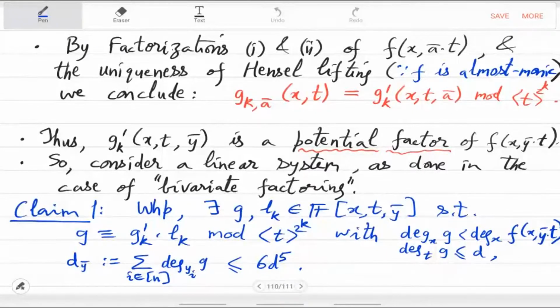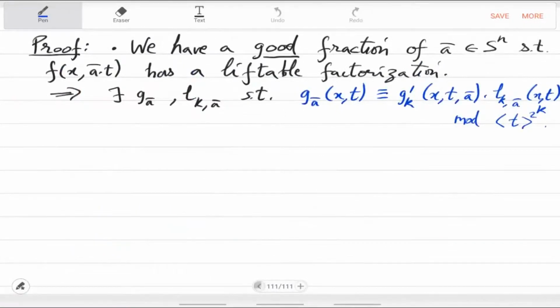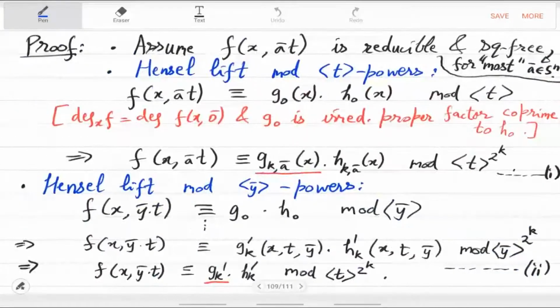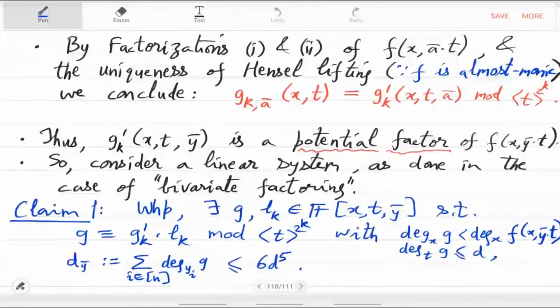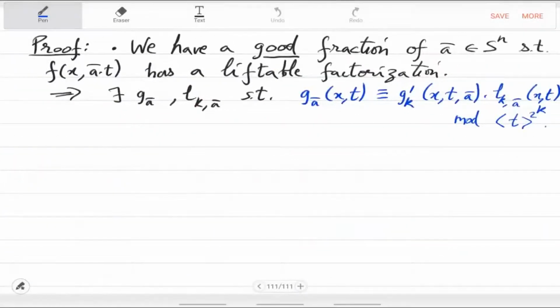This red equation we are now using. It's true for most A bars. And the remaining part we are just calling L. It was g k prime times h k prime, but that remaining thing we are now calling L. So this is just a reformulation.